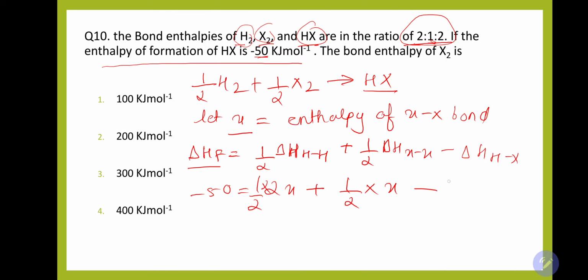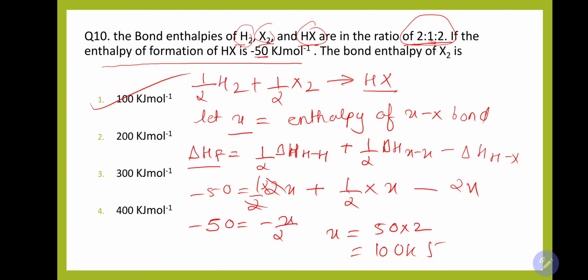It is 2x. So this and this get cancelled. Solving this you will get minus 50 is equal to minus x by 2. If minus 50 is equal to minus x by 2, then the value of x is 50 into 2, which is equal to 100 kilojoules.